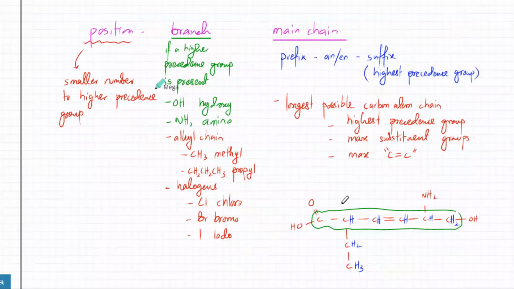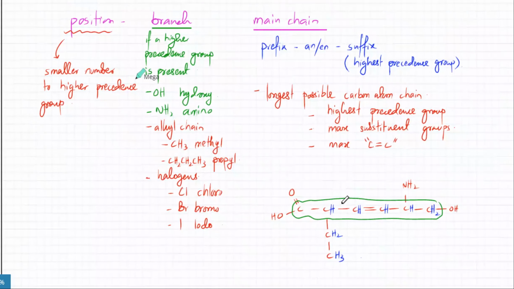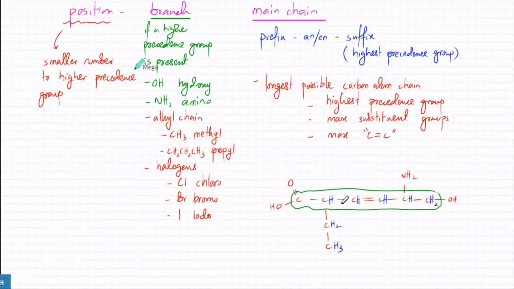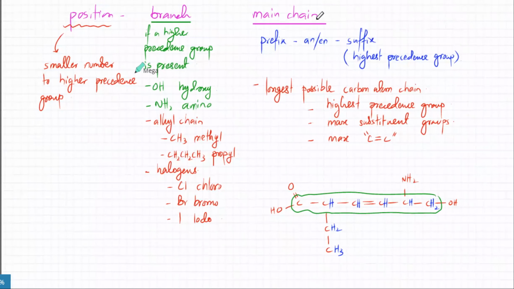Anyways, coming back to this. The main chain would be named first, and its suffix would be decided by the highest precedence group, in this case a carboxylic acid, right? So first thing, naming the main chain: how many carbon atoms? What's the prefix for this one? Hex.